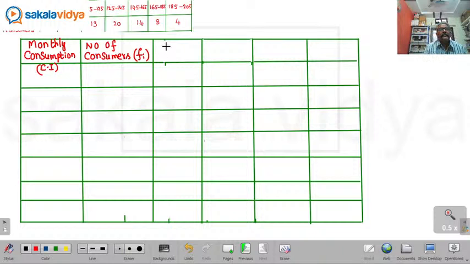Next is less than cumulative frequency, LCF, or cumulative frequency also we can write it. Then class mark. For median, up to 3 columns are enough, but here we are asked mean also.